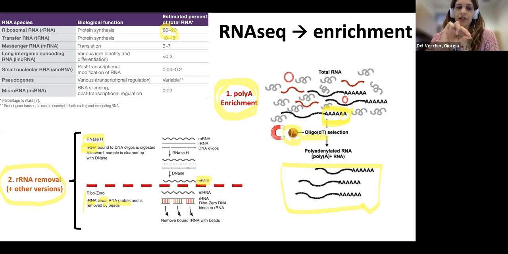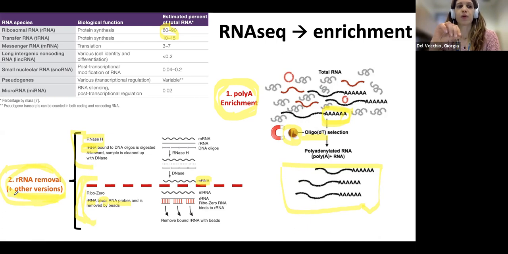And I'm showing you these two kits here. So this is the main approach, the ribosomal removal approach. But here I highlighted other versions because you can actually customize the probes.